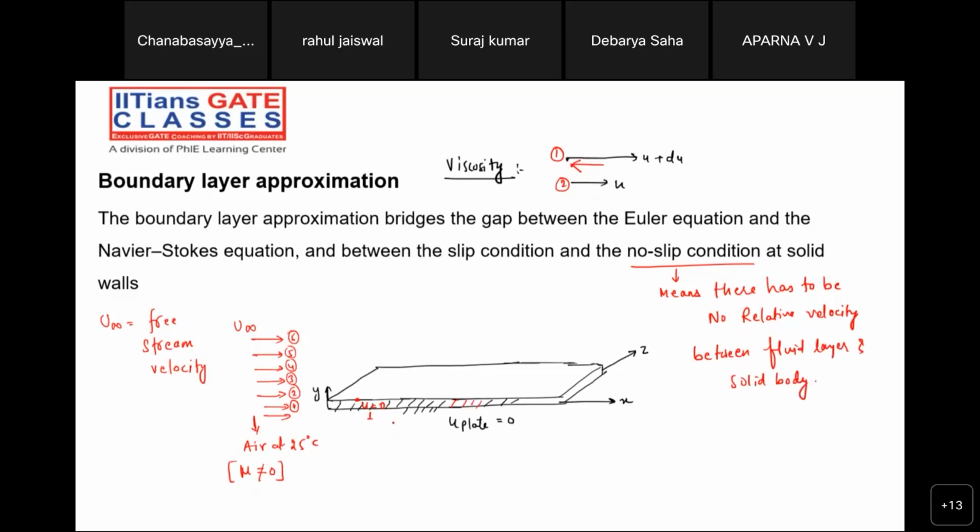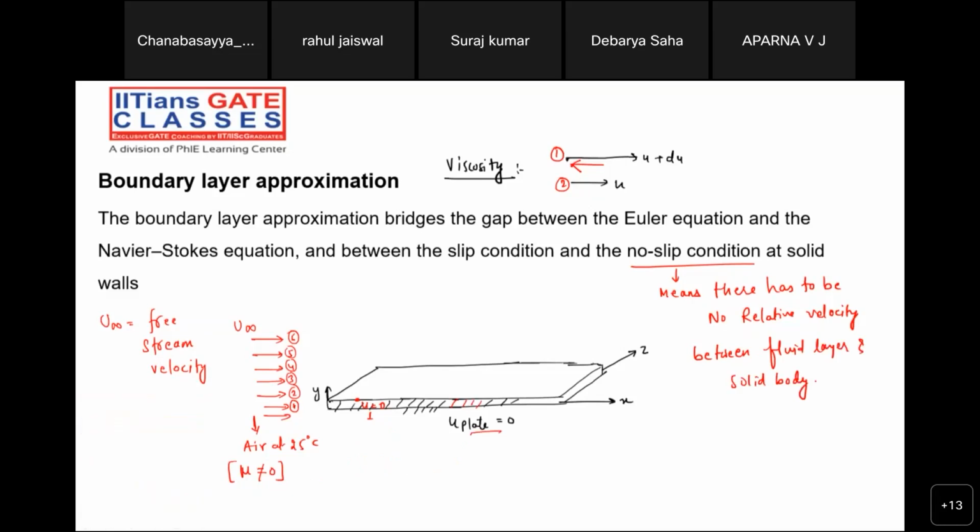That means if the solid body is moving with velocity u, the fluid layer coming in contact with the flat plate or any solid body must also move with the same velocity. Now, the plate's velocity is zero, so to satisfy the no slip condition, the first fluid layer is going to have zero velocity.